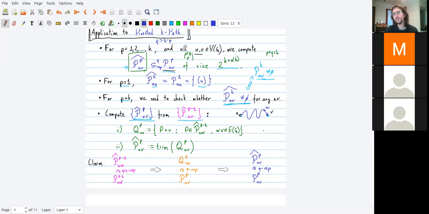So what I can do is, for every possible vertex w from which there is an edge to v, take a path from the representative family of paths from u to w, and just append v.